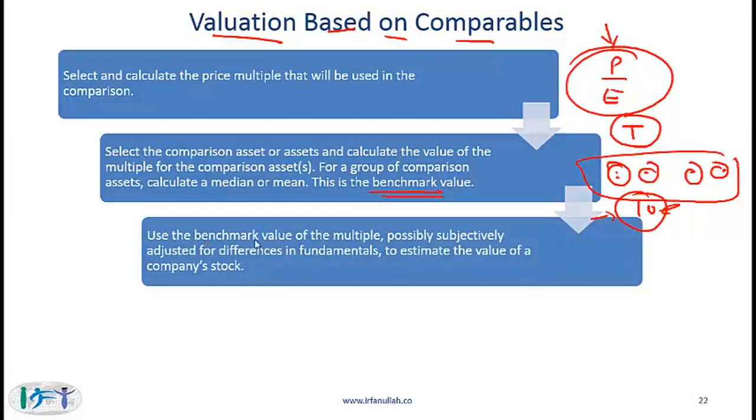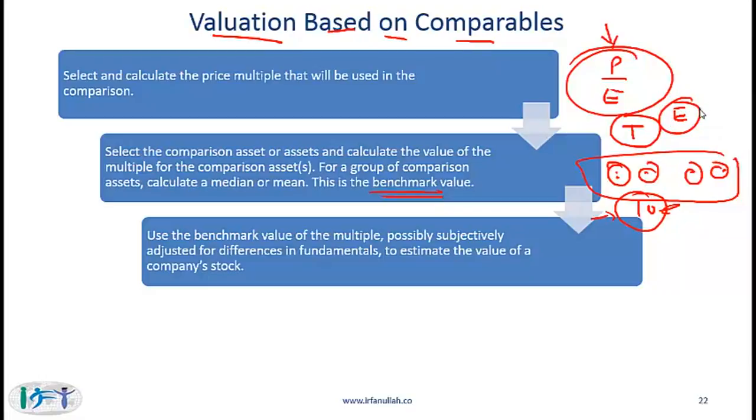Next, use the benchmark value of the multiple, possibly subjectively adjusted for differences in fundamentals, to estimate the value of a company's stock. And this is what I started the lecture with. Let's say that for your target company, the PE is 5. You probably also have, or you should also have, the earnings number, right?